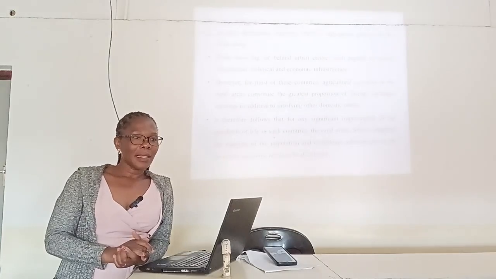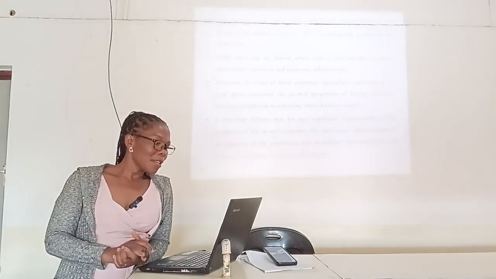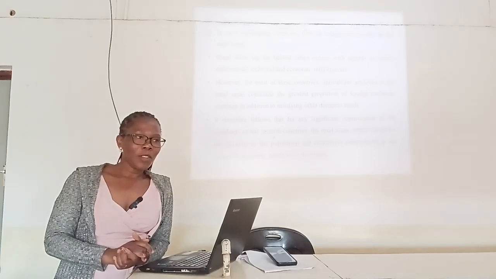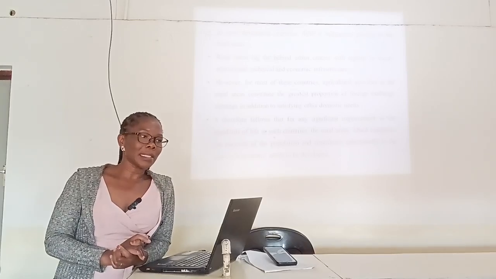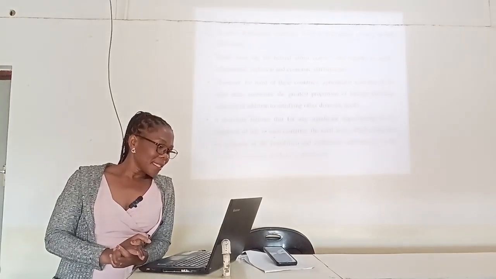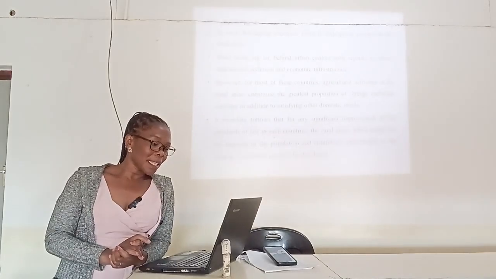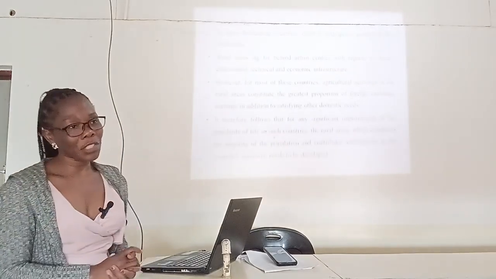Why? I think we discussed already. In most developing countries, there is widespread poverty in rural areas. So the focus of development is mostly in the rural areas due to widespread poverty in the rural areas. And rural areas lag far behind urban with regards to social, educational, technical, and economic infrastructure.